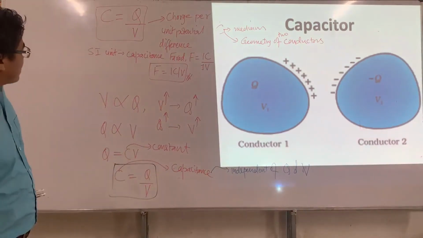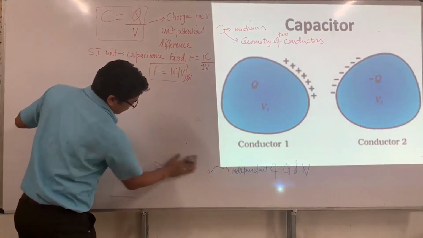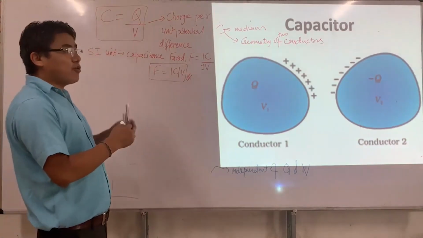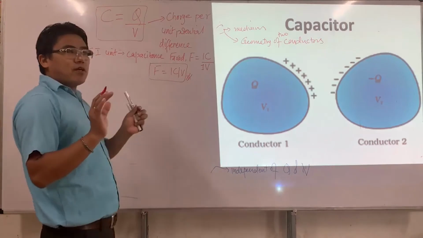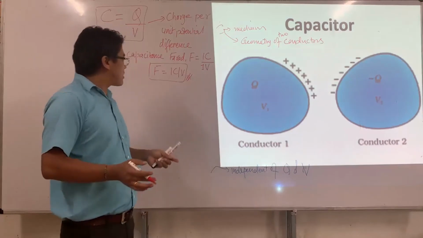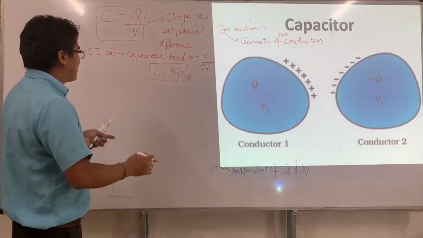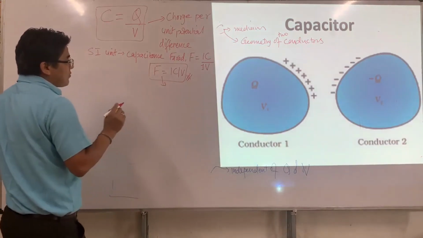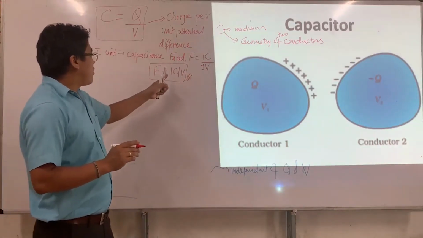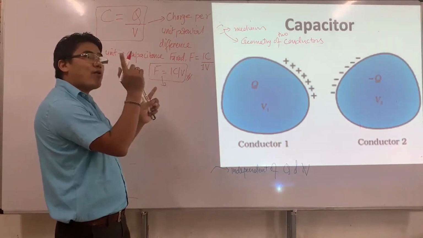So I will define what 1 farad is. This is the big unit. 1 farad is an extremely big unit. It is very essential to define a unit, because if we can define this unit, then somehow we can understand the concept behind capacitance. So 1 farad is defined as 1 coulomb of charge existing across a potential difference of 1 volt.